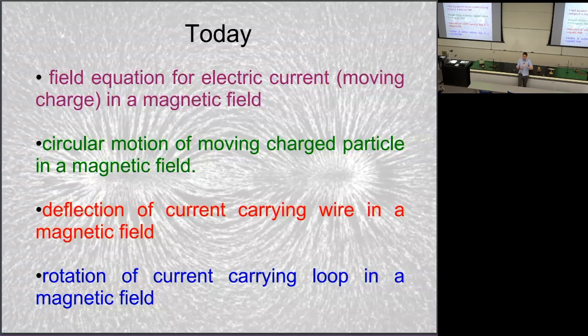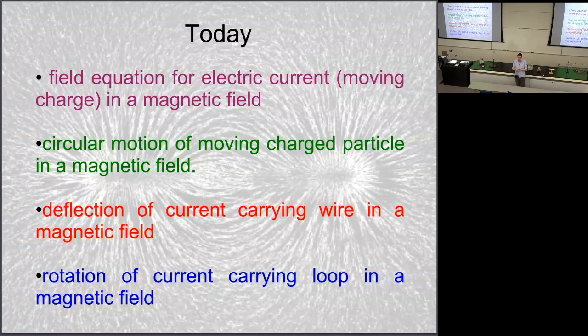We met that last class. Another way we write the magnetic field equation is the magnetic force on an electrical current in a magnetic field. I'm going to introduce it at the beginning of this class.